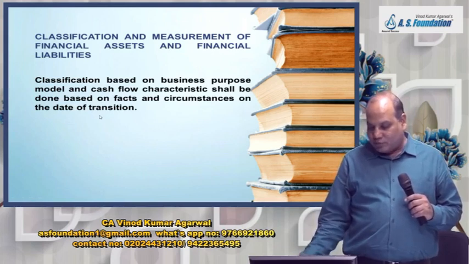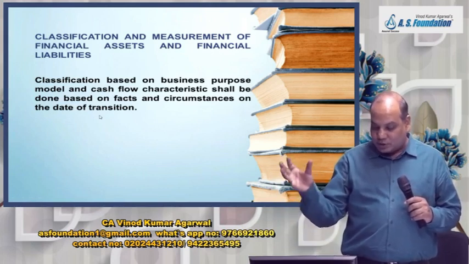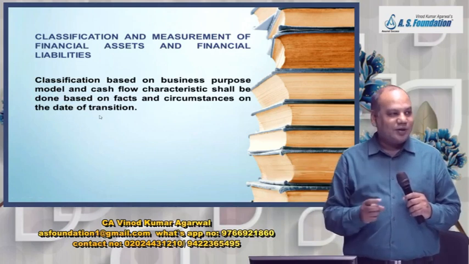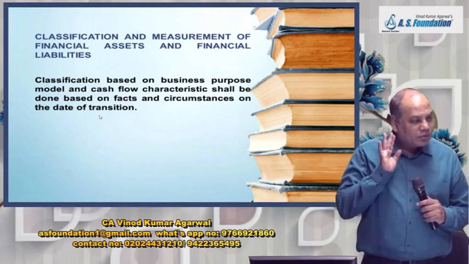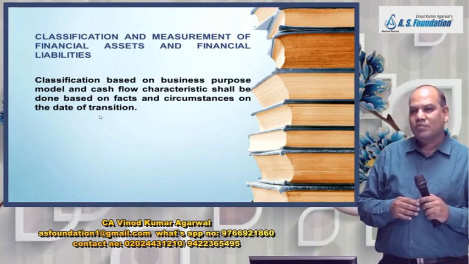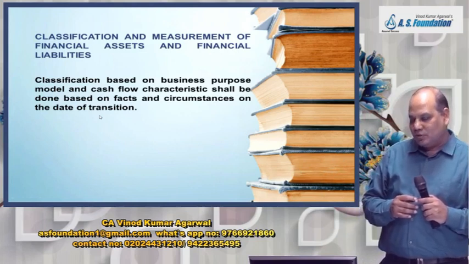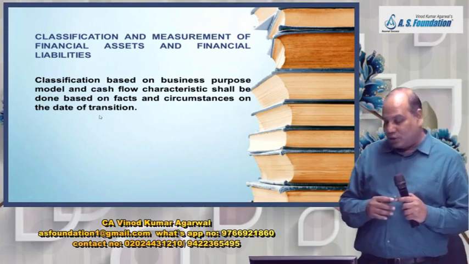Now first you tell me which standard talks about business model test, cash flow characteristic test. 32? Okay. 32 and 10, 32 and 9.